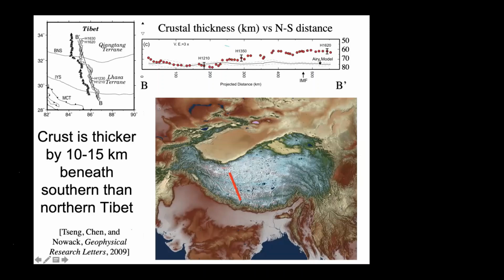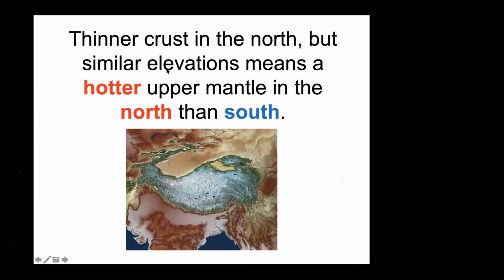That's a huge difference, especially given the plateau is quite flat. The surface is the same height everywhere across here. So the only way this is possible, to have this and have isostatic balance, is that the thinner crust in the north, but similar elevations, means you have to have a hotter upper mantle in the north than the south. This is an inescapable conclusion.